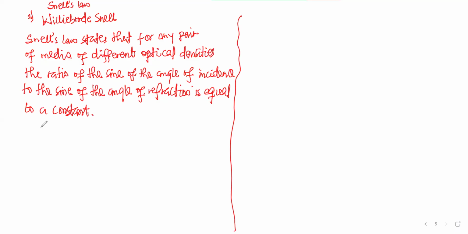Okay, all that Snell is saying here is that if you have any two media of different densities, so supposing this is the incident ray from air to water. So if the light is moving from air to water, how will it bend?